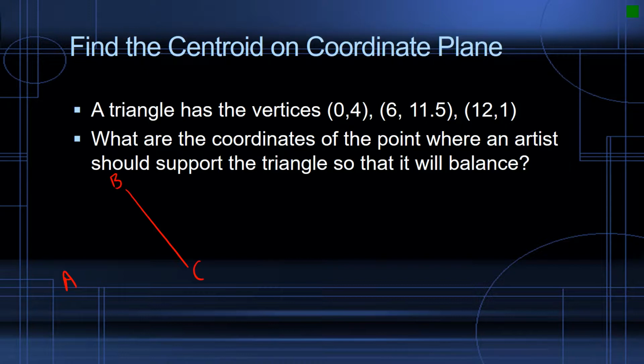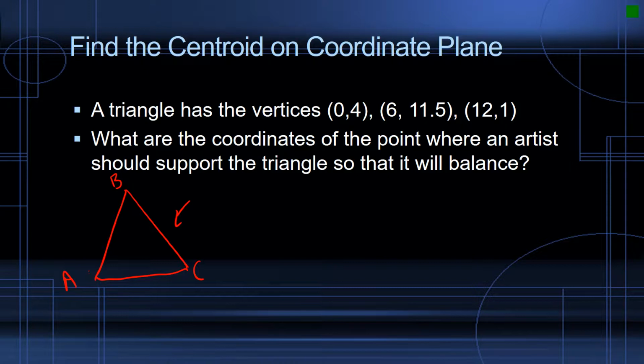And if I want to find the midpoint, then I'm going to connect the median from this vertex A. Well, I want to find the midpoint of this side, which is line segment BC.